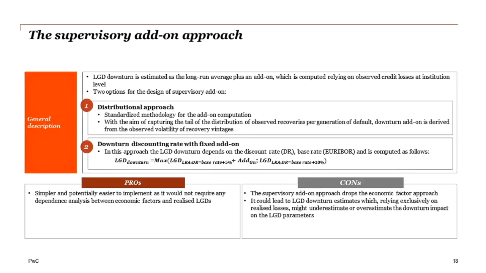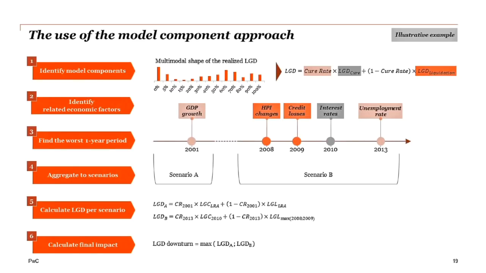And the second one is downturn discounting rate with fixed add-on. In this approach, the LGD downturn is based as well on the long-run average LGD and depends on the discount rate and base rate.